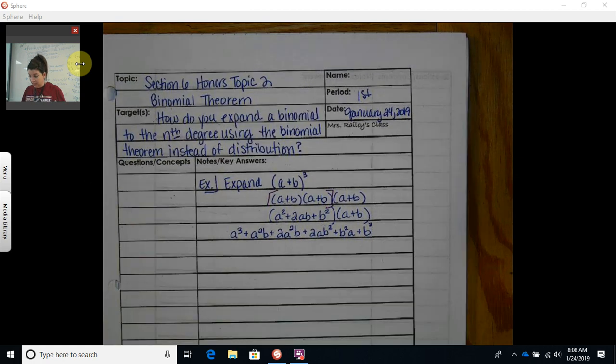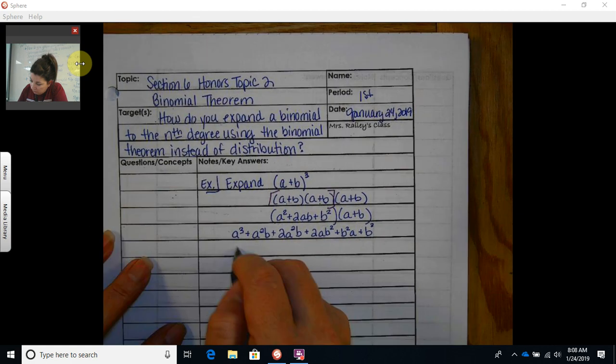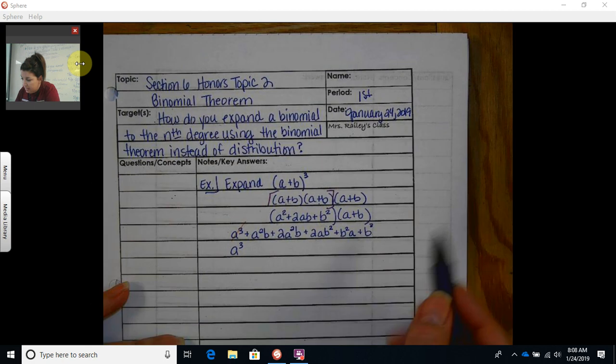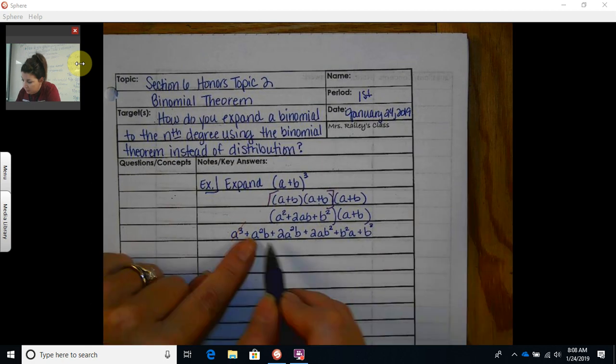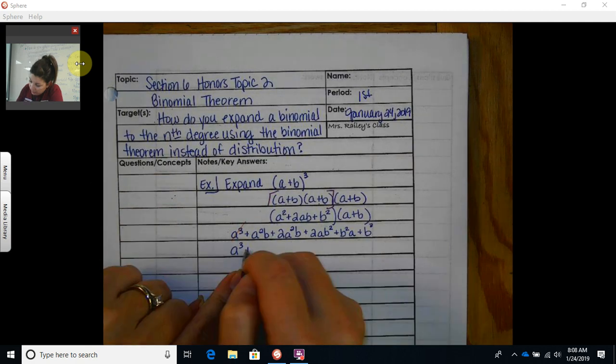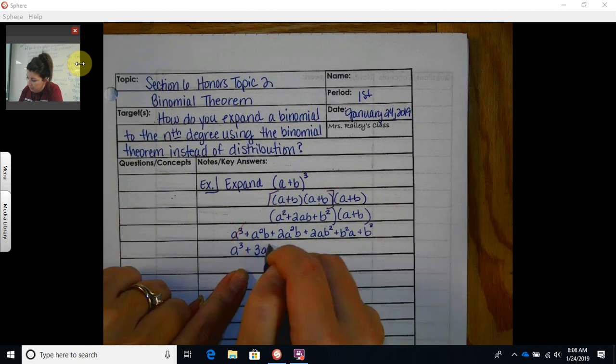It's kind of important. All right, so a cubed, is there anything I can combine it with? No. I'm going to kind of cross it out. All right. How about a squared b? Yeah, I've got a squared b plus 2a squared b. What does that make? Plus 3a squared b.